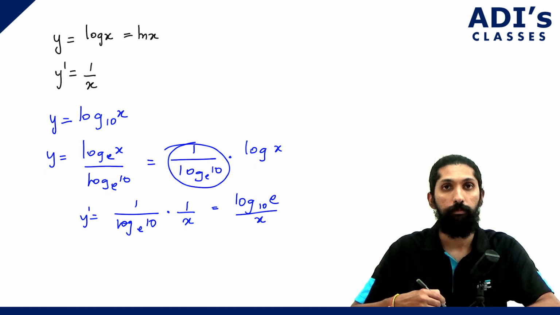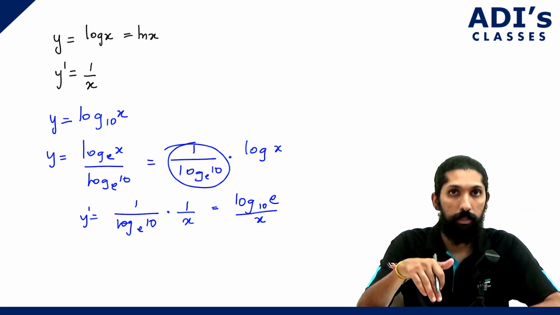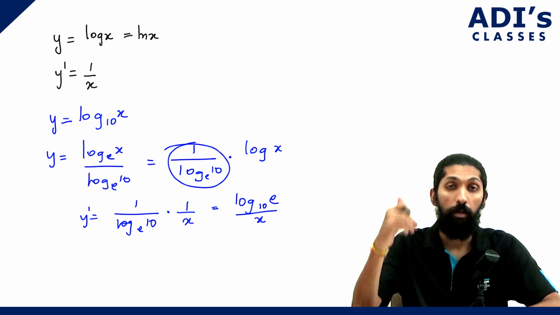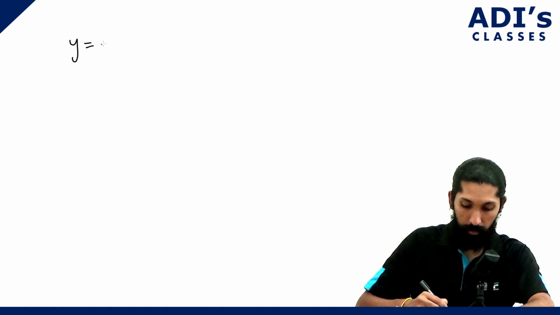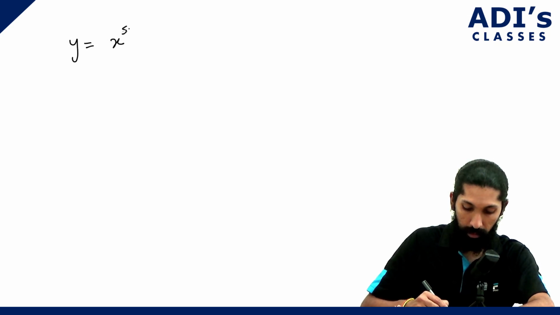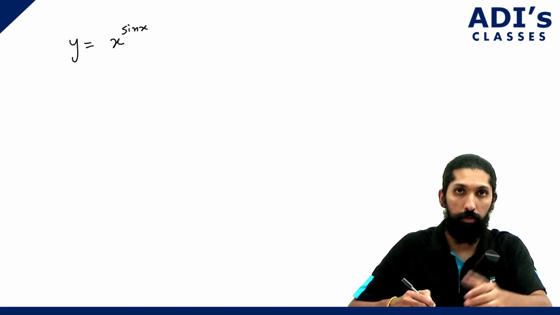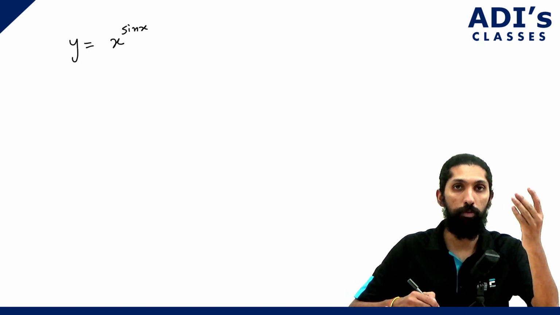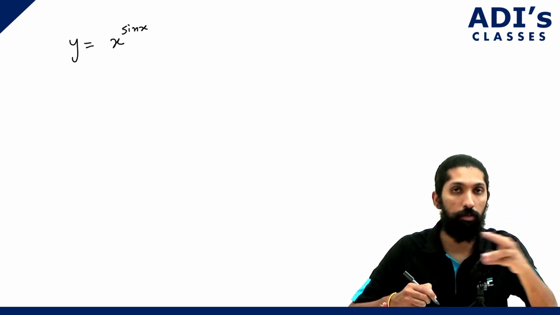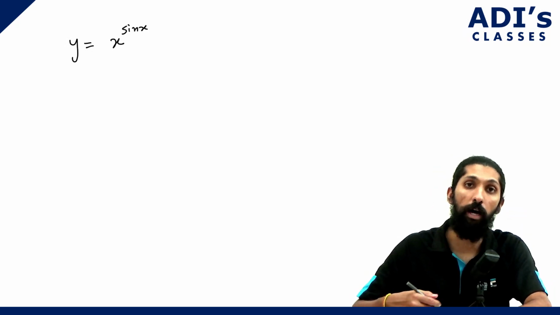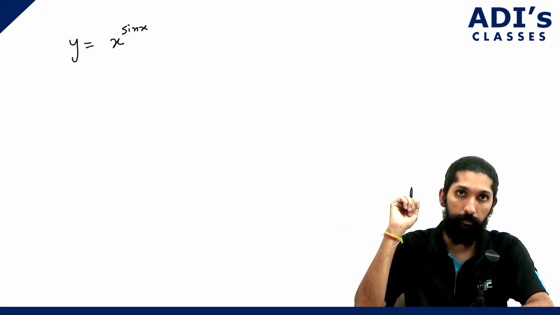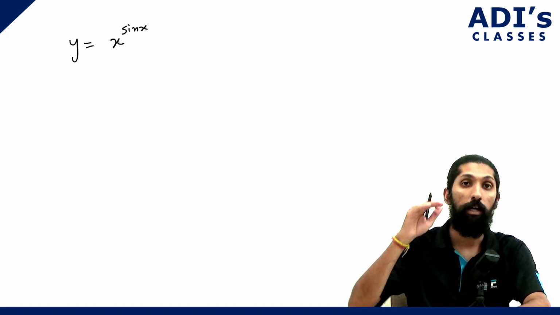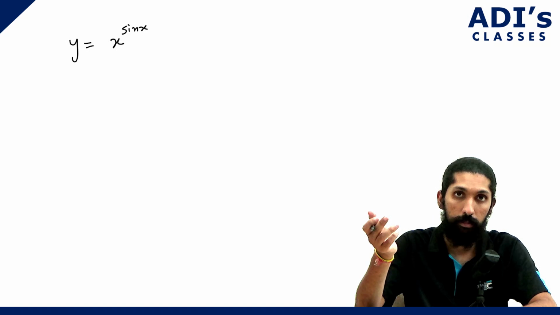So this is going to be the answer, y dash. Now, how are we going to apply this in solving problems? Let me show you different examples. See this example: y is equal to x to the power of sin x. Assume the product rule, quotient rule, chain rule, nothing works here, because you have a function to the power of another function. So what we are going to do is take log on both sides.